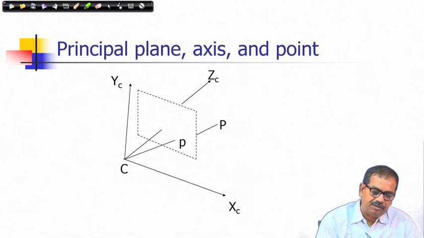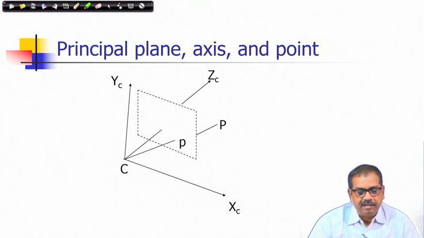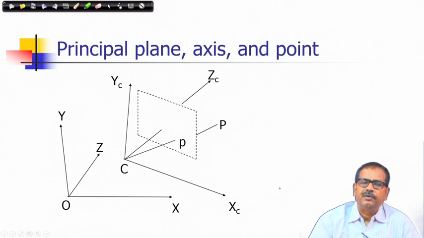In our notation, this is a very simple representation of the projection in a camera centric coordinate space, where small p is the image of a point in the scene represented by capital P. But externally you have another coordinate system where we are observing the positions of these points, and we call it the world coordinate system.